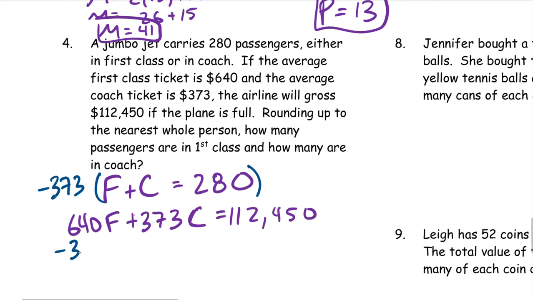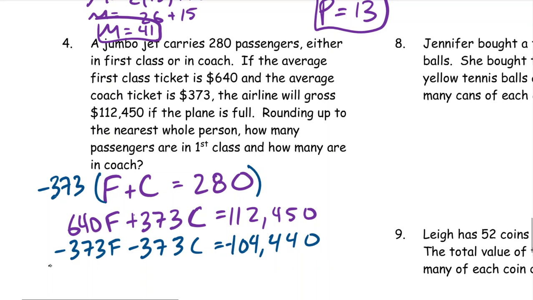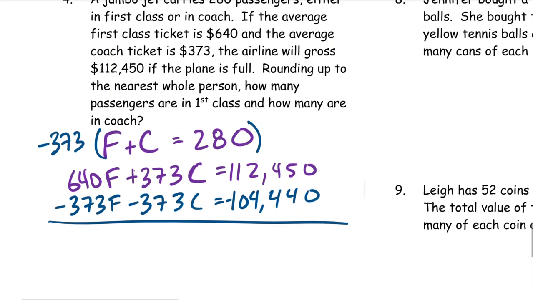So we get negative 373f minus 373c equals, and 280 times 373 is 104,440. We want to subtract that because it's negative.